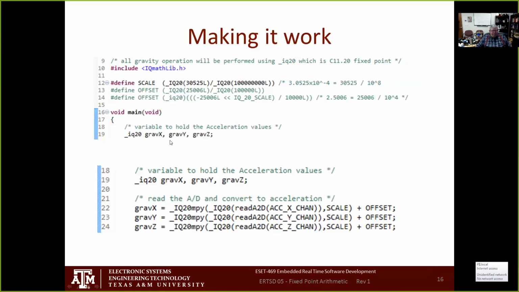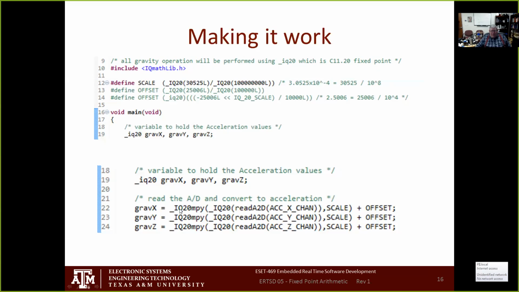Okay, so let's look at this guy. In essence, we're just trying to find that offset that we're going to use to do our conversion. So I've got these variables that are going to hold my acceleration value. They are IQ 20s.